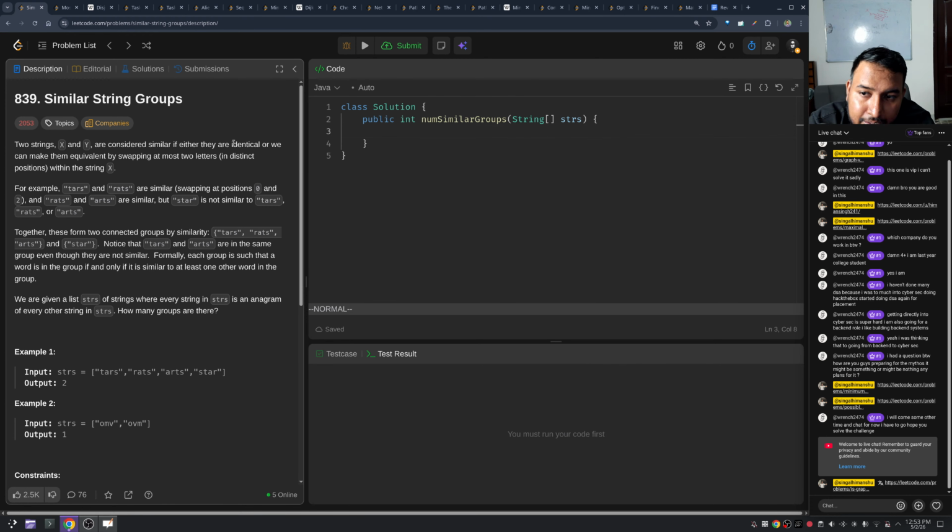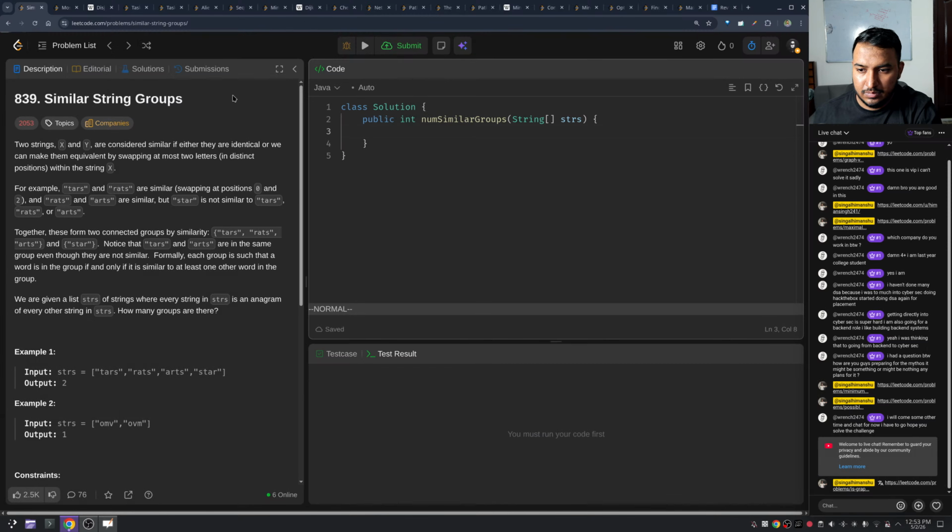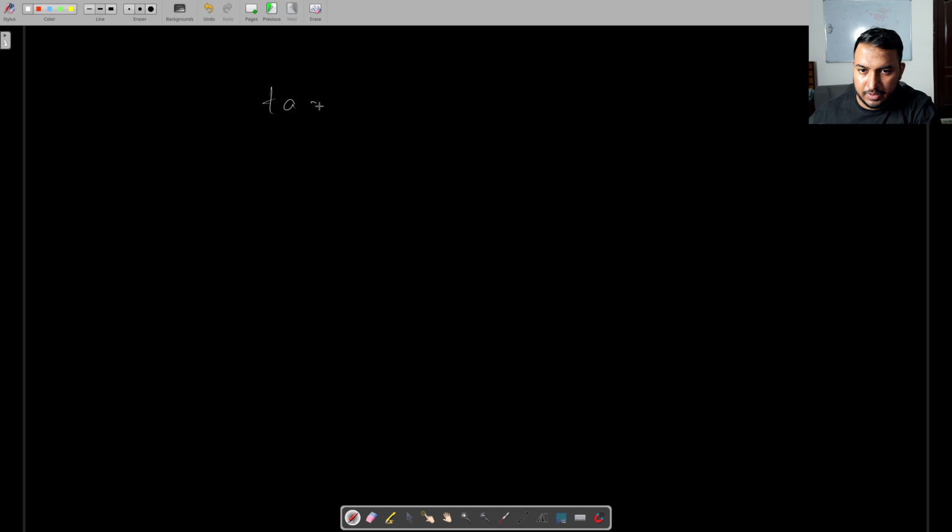If they are anagrams, then I think the observation here will be that swapping, like the index of one character differs, right? So if I take an example, like we have tars and rats.